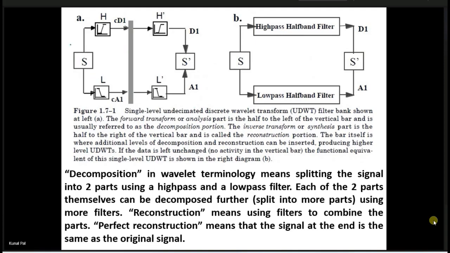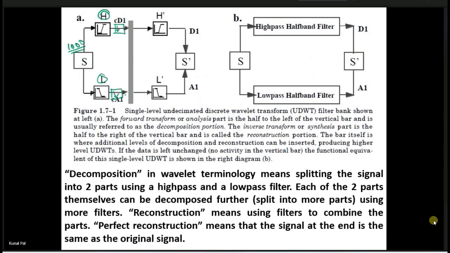Suppose the length of the signal is 1000 over here. After you decompose this signal with L and H, there would be a decimation function.